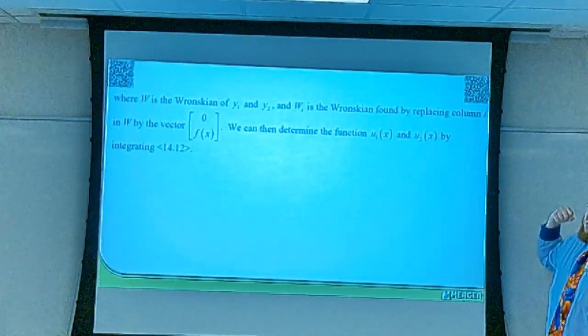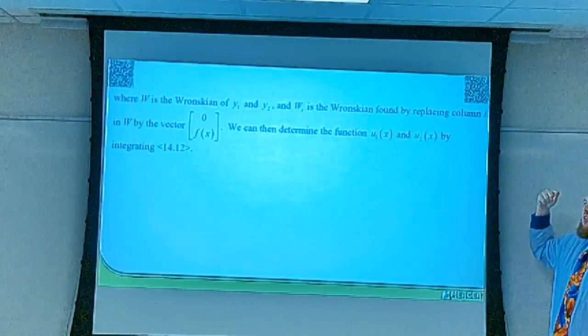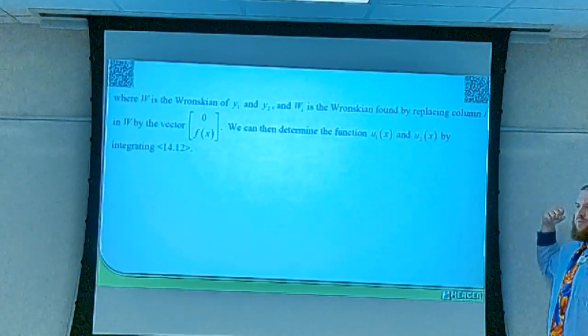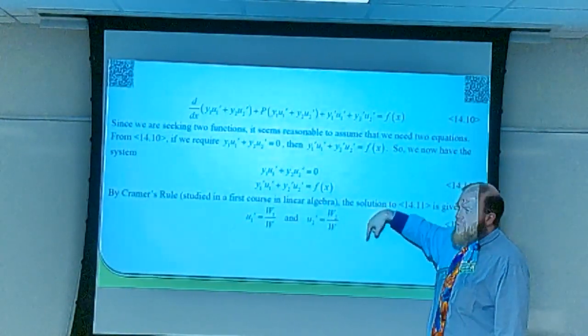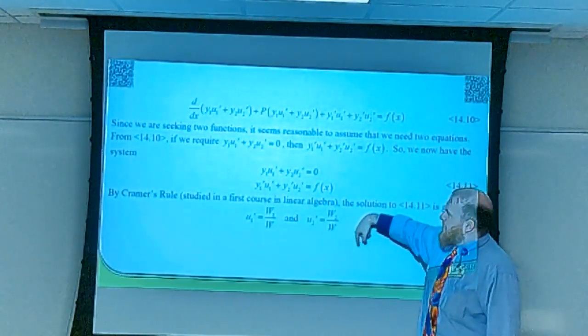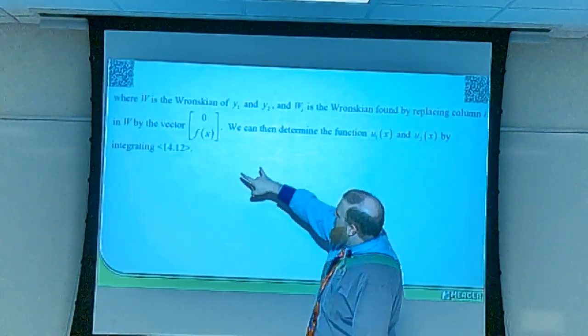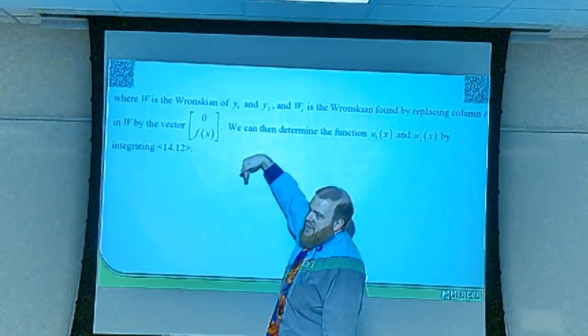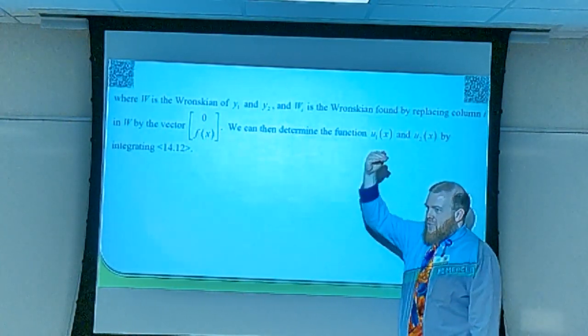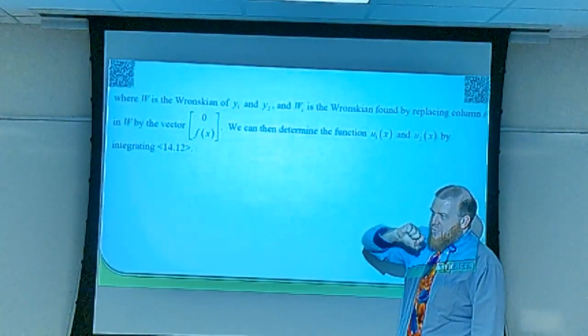And this can be extended to higher order. If it's third order, you're going to have a u1, u2, u3, and they're the same. u3 would then just be w3 over w. But your vector now would be 0, 0, f of x. You replace each column, because now each column would be y, y prime, y double prime.